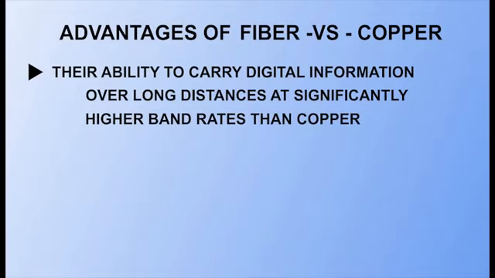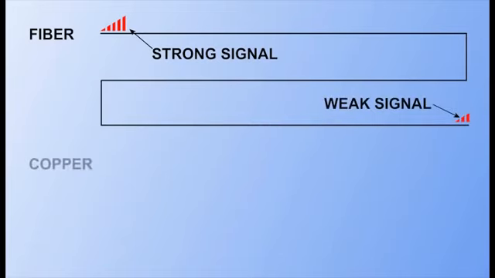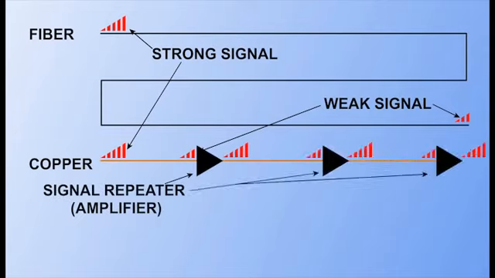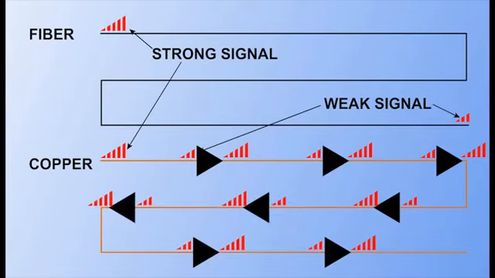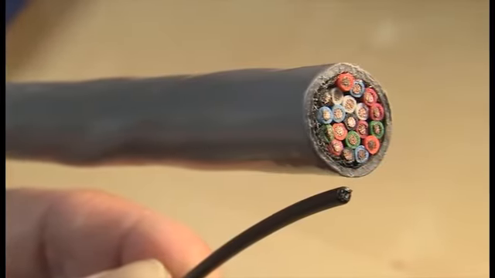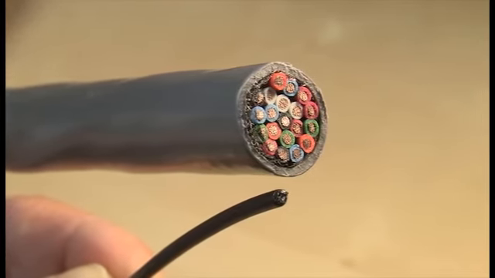For example, fiber optic cable may reliably transmit data up to 10,000 meters compared to a few hundred meters for copper. This means that fewer cables are needed, fewer signal repeaters are required, less power is used, and there is less maintenance. Fiber optic cables also are considerably smaller in diameter than copper cable, making them lighter to work with.